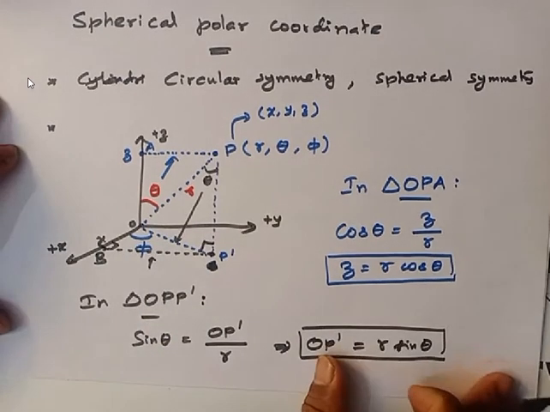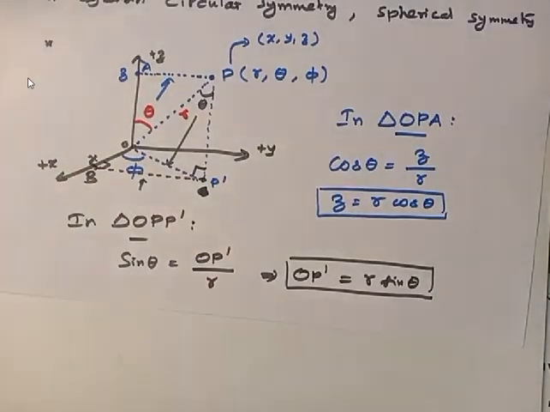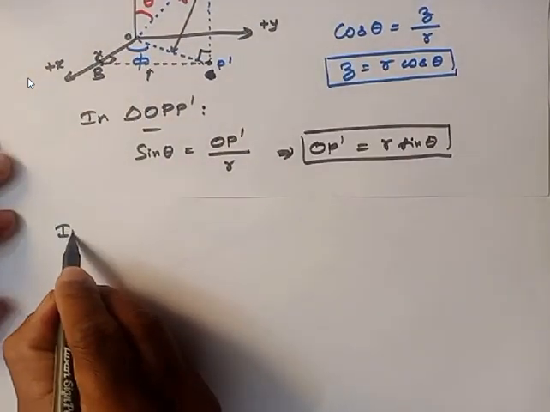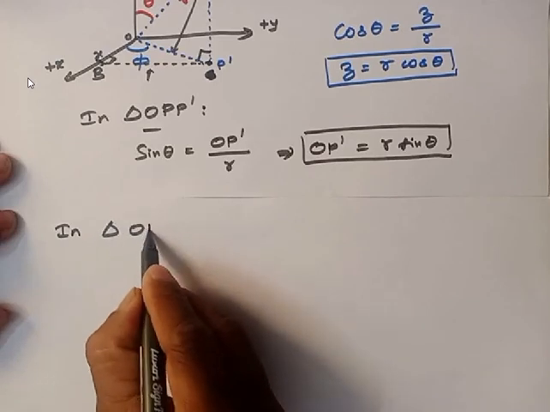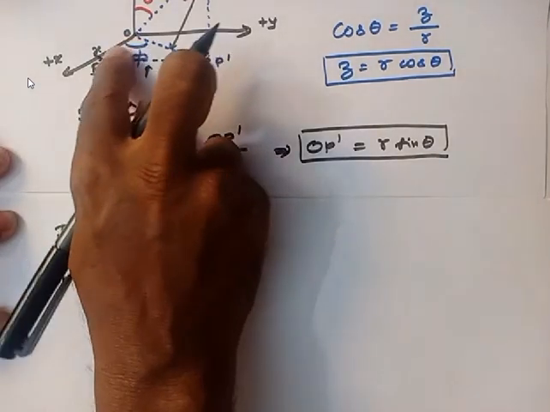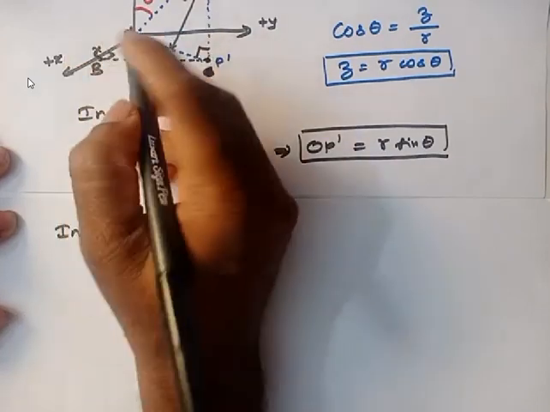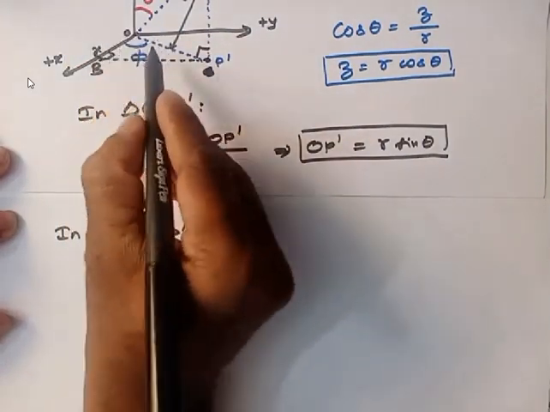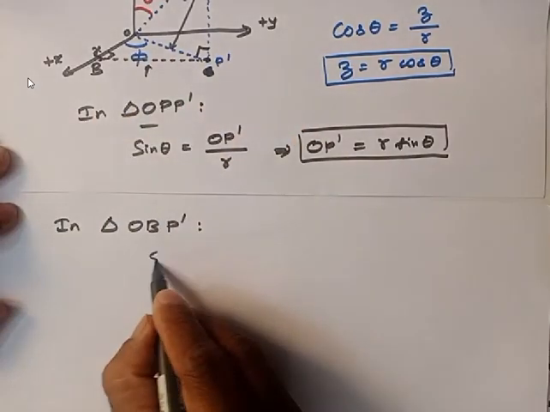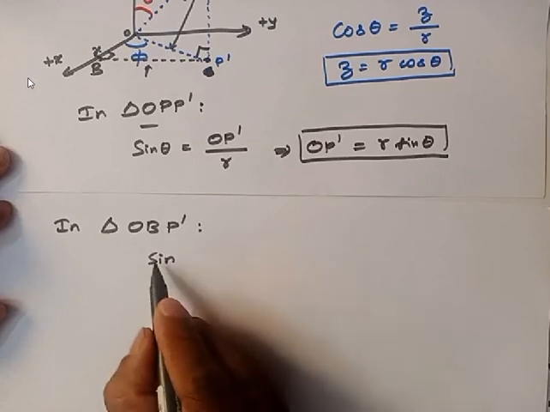In triangle OBP prime, this side is adjacent. The value of the adjacent side is x and the value of the hypotenuse is OP prime. The angle which connects these two is, I'm sorry, cos phi.